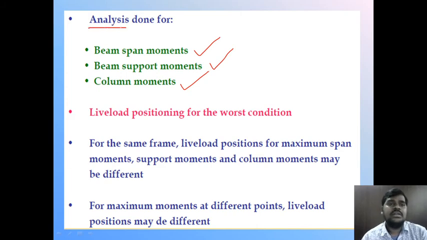Live load positioning is done taking the worst condition into consideration. So for the same frame, live load positions for maximum span moments, support moments, and column moments may be different. This is in general something a student must know.